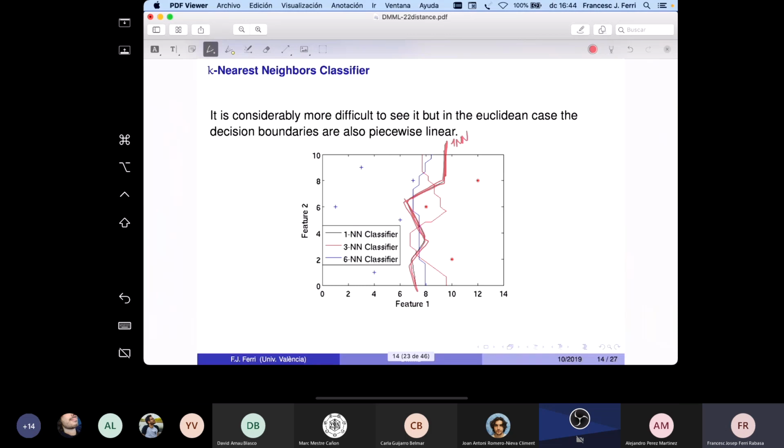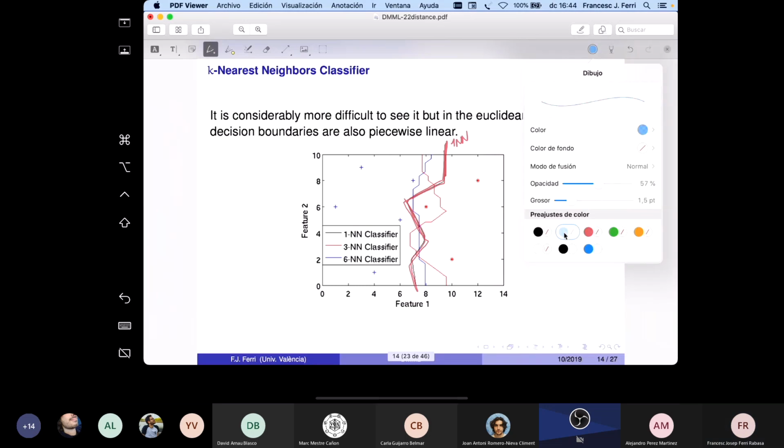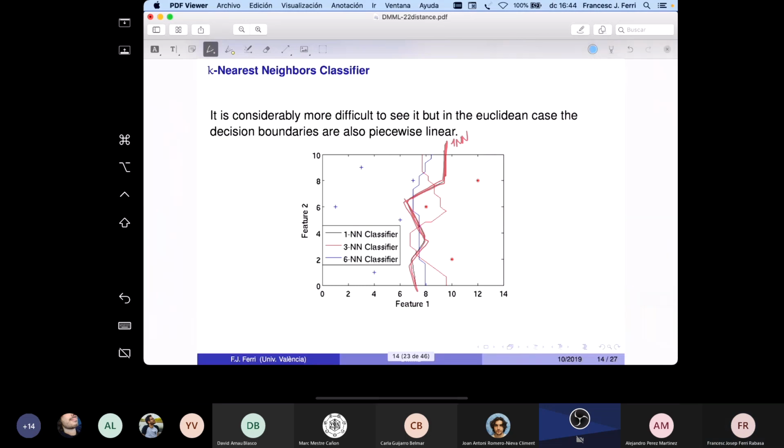Then the three neighbors is this one here. That should be like this. So it's not clear, I'm sorry. And the other one is the 6 neighbors.